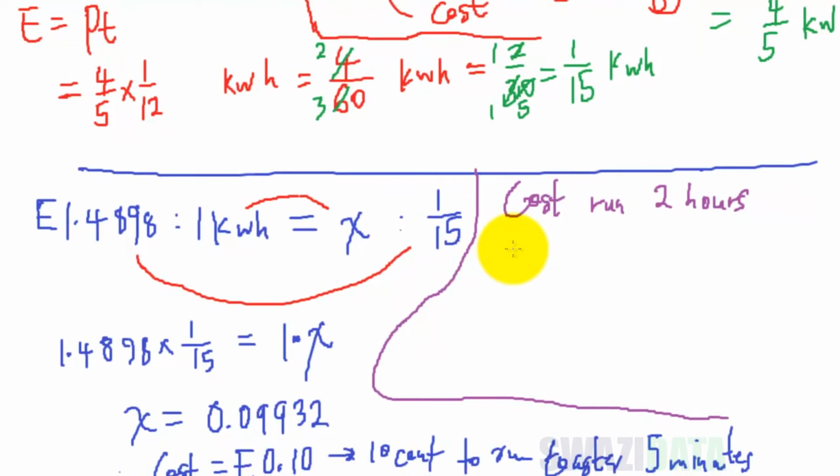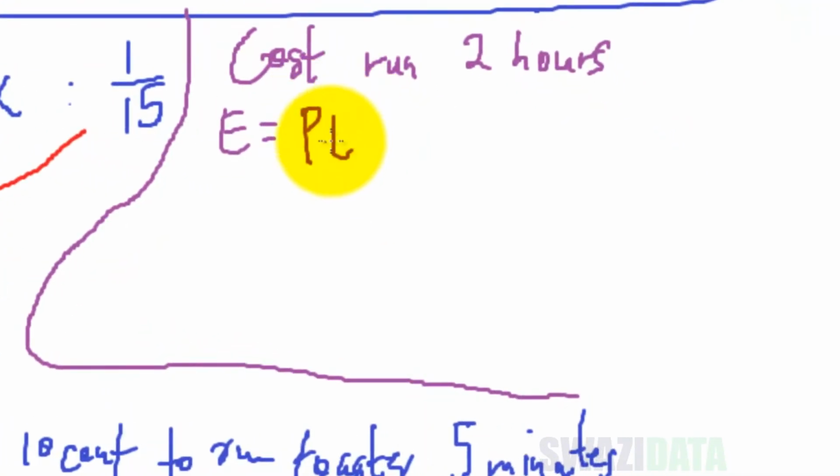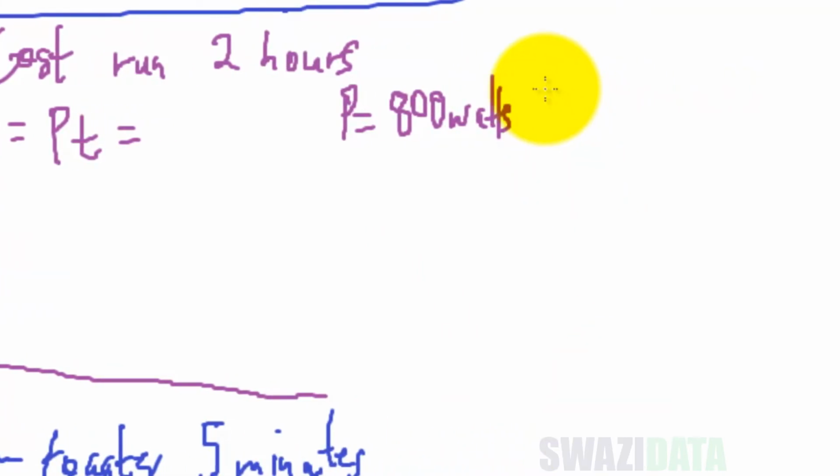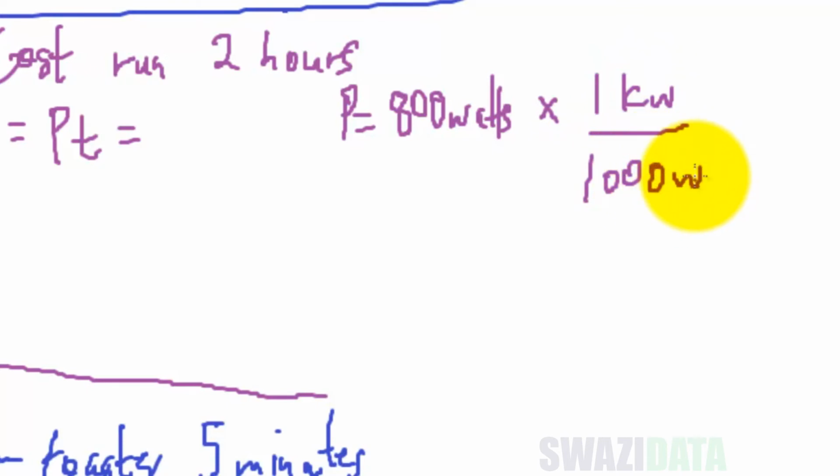We must convert the power, 800 watts, into kilowatts by multiplying by 1 kilowatt per 1000 watts.